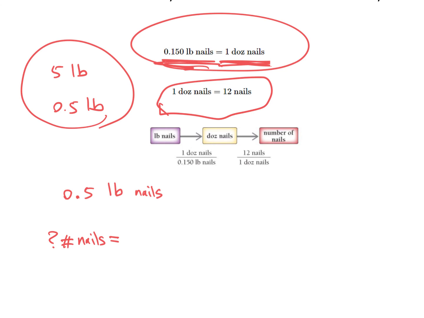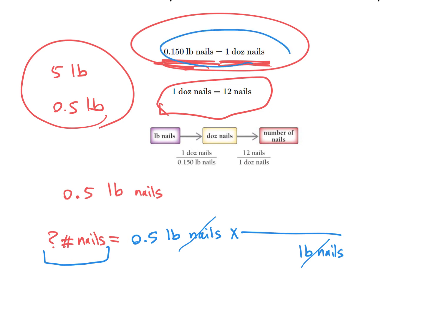Remember conversion factors? The thing that you want to calculate, you write question mark number of nails equals the thing that is given, 0.5 pounds. And then you convert pounds, and you remember that you want these two to cancel out. Then you have this conversion factor here to 1 dozen of nails. And you know the mass of 1 dozen is 0.150.